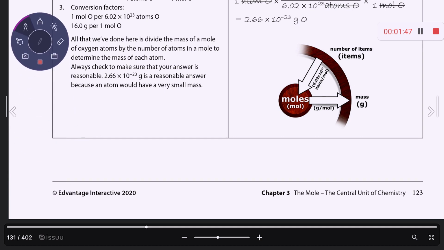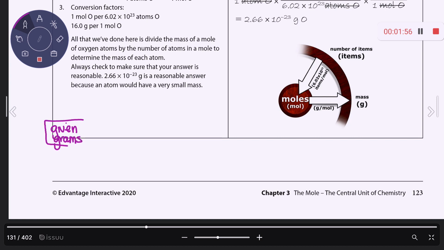Let's say you are given grams of something. That number goes here, and the unit would be grams of A, whatever A is: an element, a compound, a molecule. Then on the diagonal you put the molar mass of that substance with grams and the substance formula after it. 1 mole is always on the top.